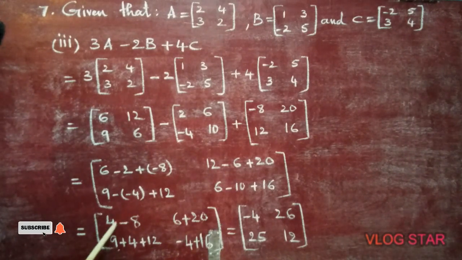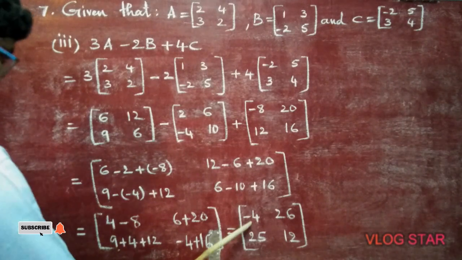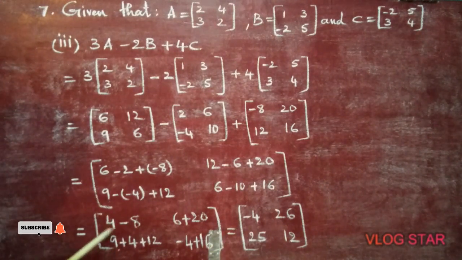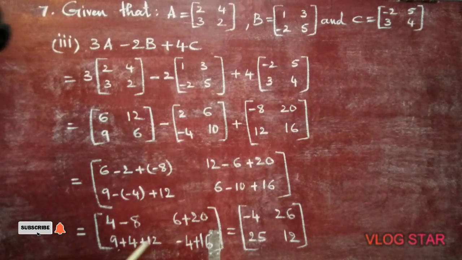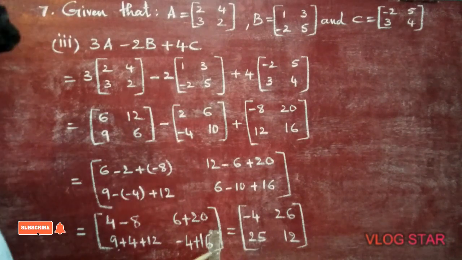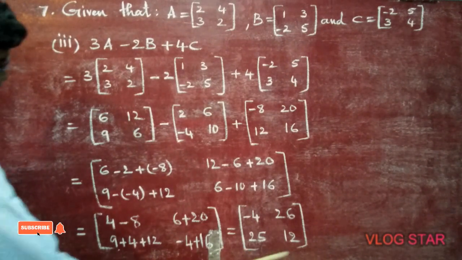Now simplify the answer. 4 minus 8 is minus 4. Opposite signs we are going to subtract, and the greater number's sign will come. 6 plus 20 is 26. 9 plus 4 is 13. 13 plus 12 is 25. 16 minus 4 is 12.